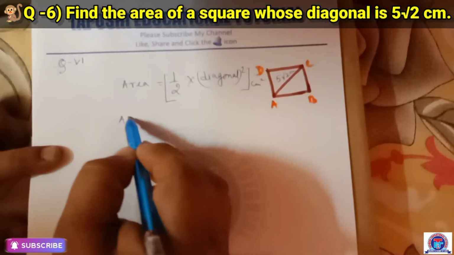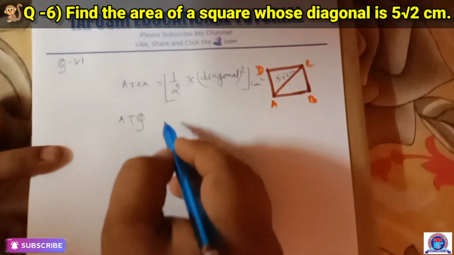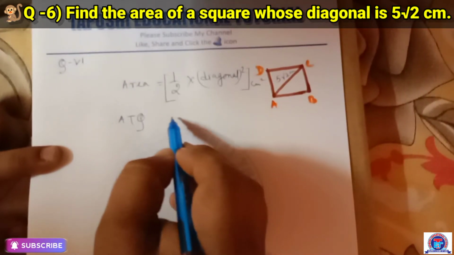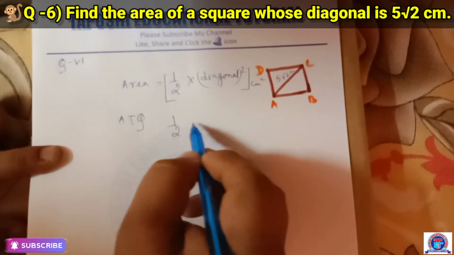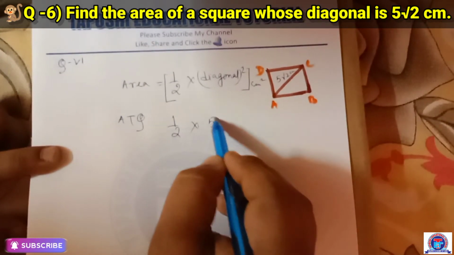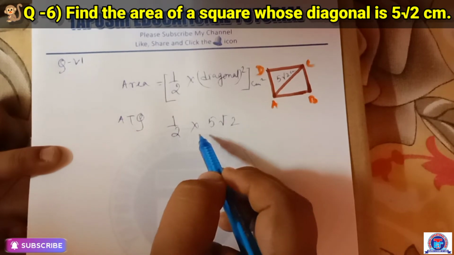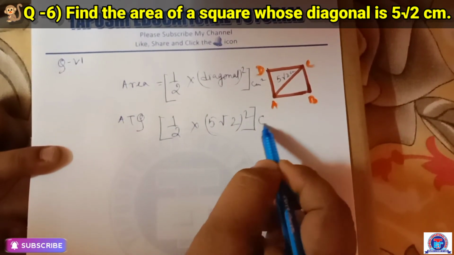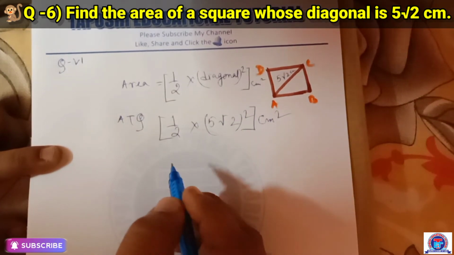According to the question, diagonal is given here, so half into diagonal is 5 under root 2, its square, then bracket centimeter square. Correct.